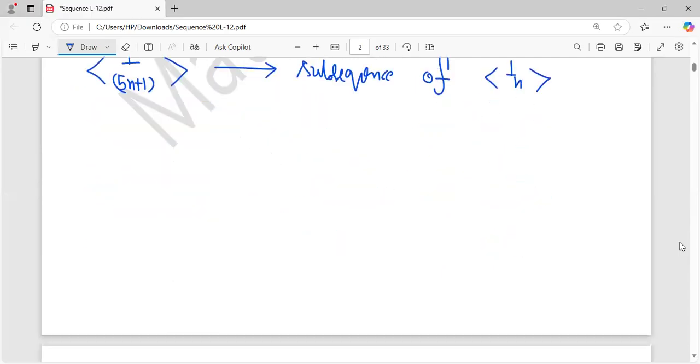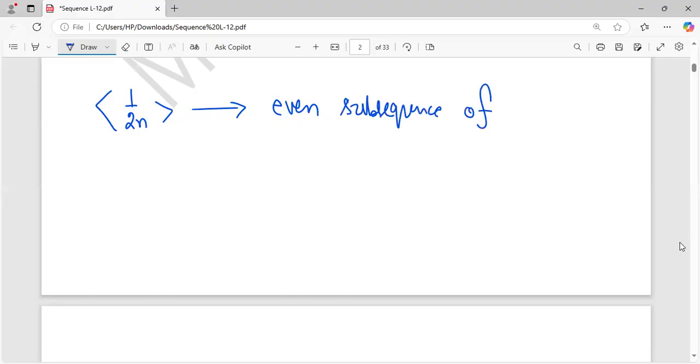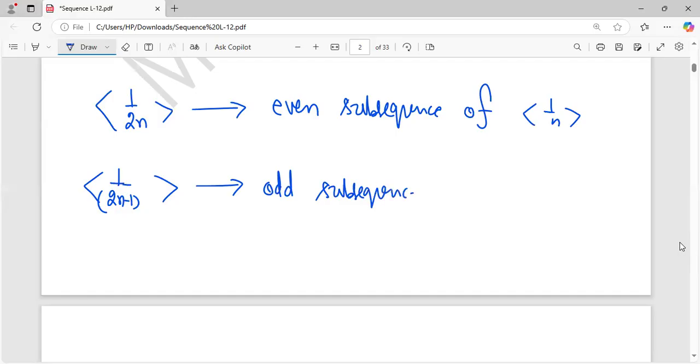Now you see this one, 1 upon 2n, this is the even subsequence, and this is the odd subsequence.